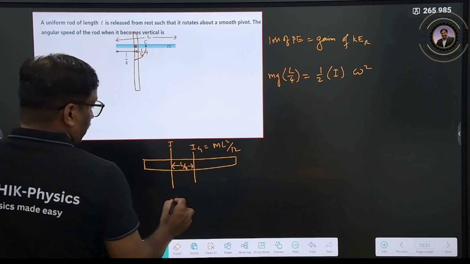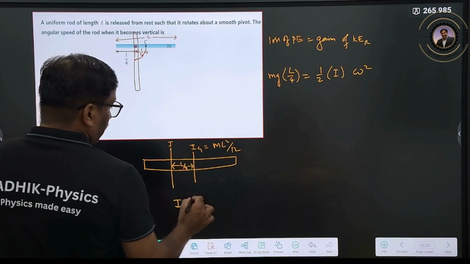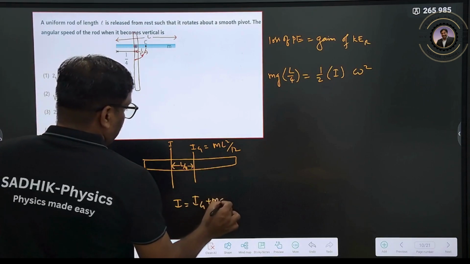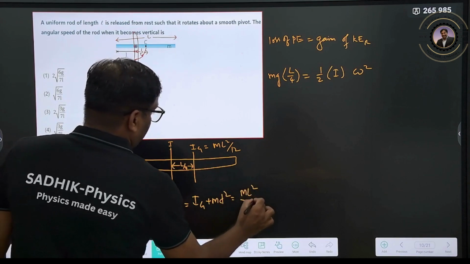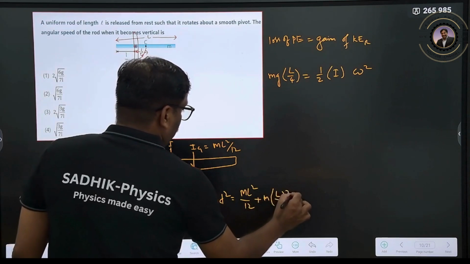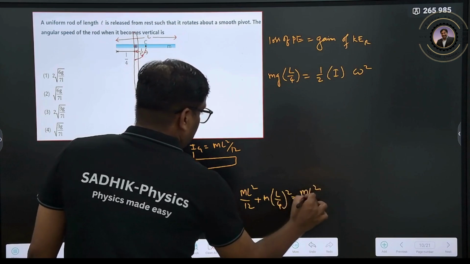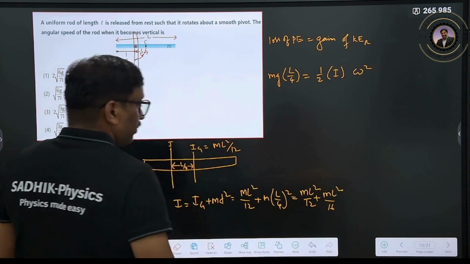Clear? I by the parallel axis theorem is Ig plus md square. Ig is ml square by 12 plus m into L by 4 whole square, which is ml square by 12 plus ml square by 16. Clear?